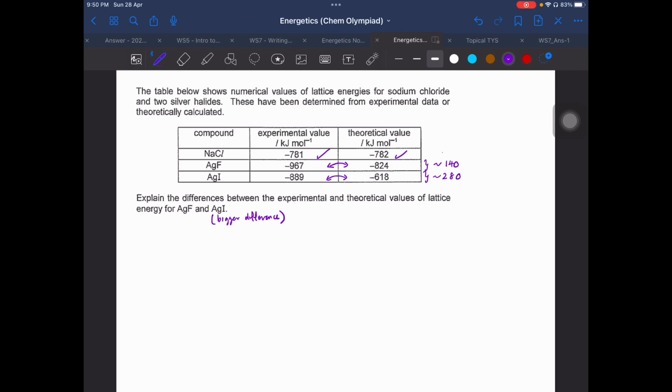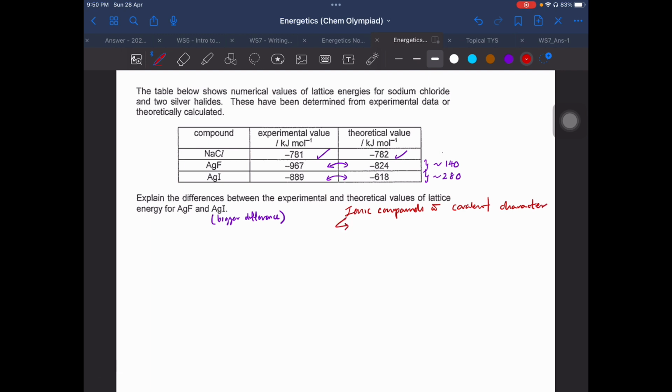So how do you understand why sometimes the lattice energy experimental and theoretical data actually doesn't tally? So remember, the concept that I'm going to explore over here is this idea about ionic compounds with covalent character. Right, so what exactly is this covalent character? Because covalent is sharing, right? So when will this happen?